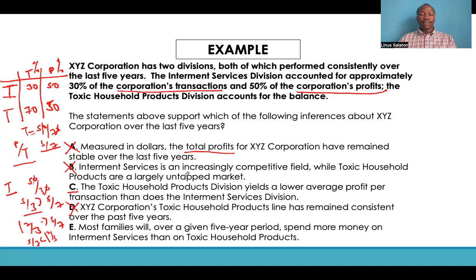Therefore, we can't tell whether it's families being targeted as the customers or businesses, for example. For that reason, this information is out of scope and we eliminate E. So the correct answer to this question is C, which says the toxic household products division yields a lower average profit per transaction than does the Interment Services Division. We have calculated and seen that that is true.